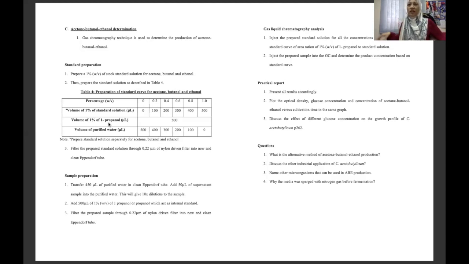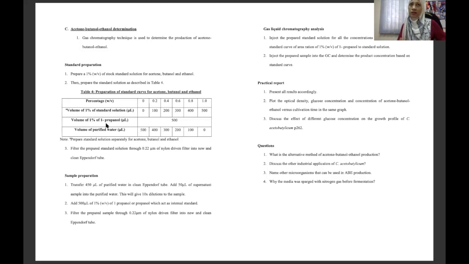For example, to prepare for acetone, as I mentioned, you need 4 to 5 different concentrations. Let's say you have 0.4% concentration. You prepare 1% of this 0.4, and you add 1% of propanol in the same solution. That means you need a mixture of acetone and 1 propanol in the solution.